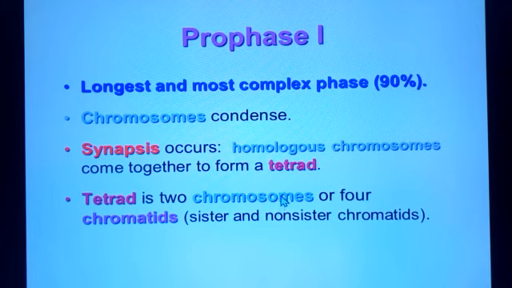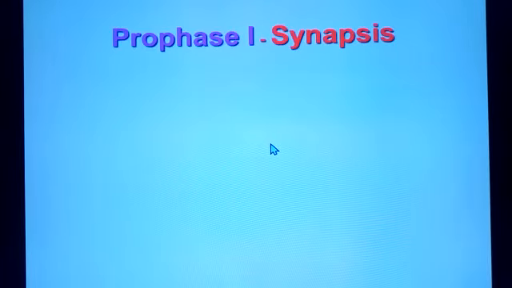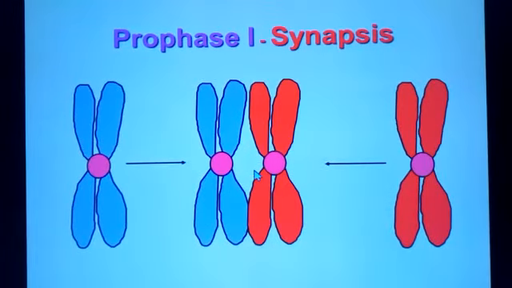And that is a process that we call crossing over. So during prophase 1, there is synapsis, then crossing over, and remember, crossing over leads to variation, as in the process there is the exchange of genetic material.